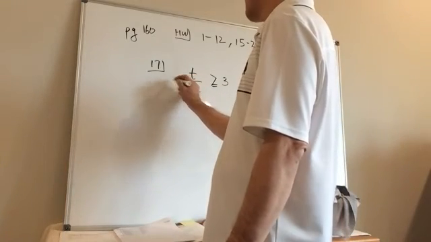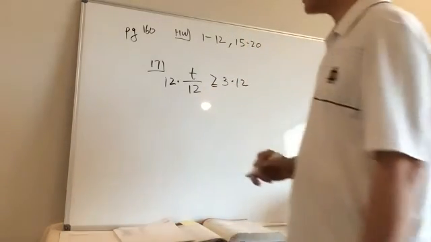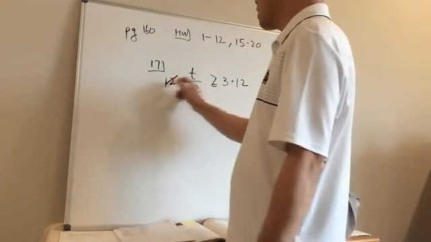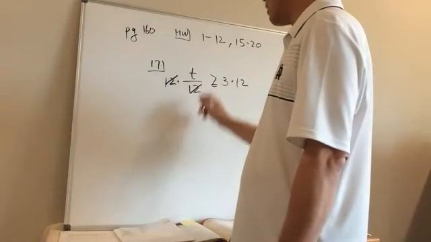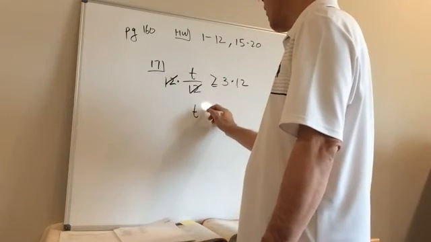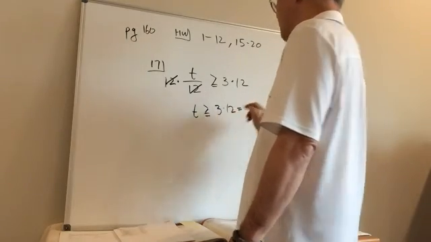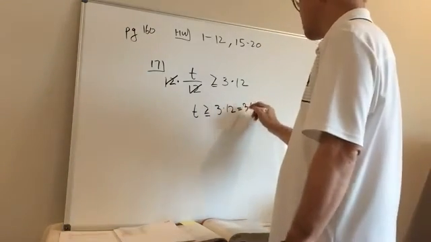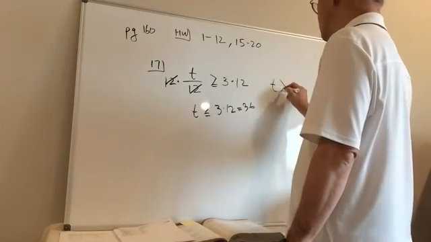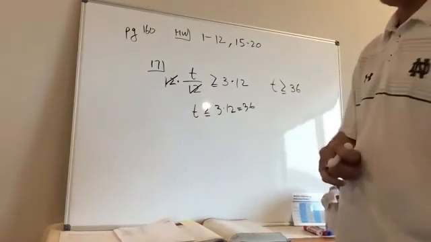I'm going to multiply both sides by 12, because this 12 and this 12 will cancel out, and all I have left is the T. So now I have T is greater than or equal to 3 times 12, which is 36. So your final answer is T is greater than or equal to 36.